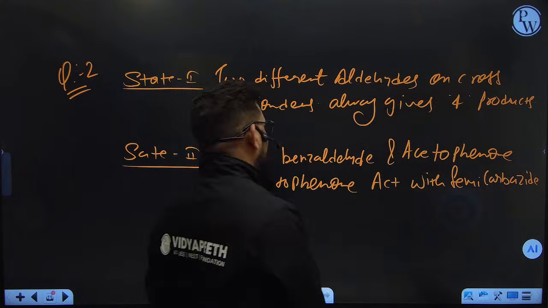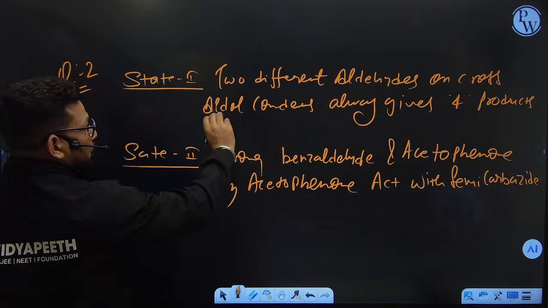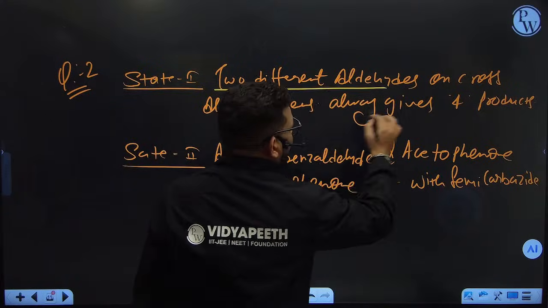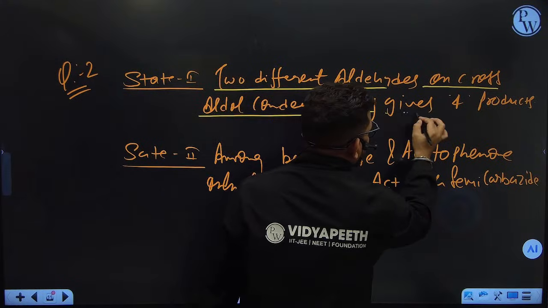Okay, so these are the options actually. Statement 1 is given here: two different aldehydes on cross aldol condensation always give 4 products.